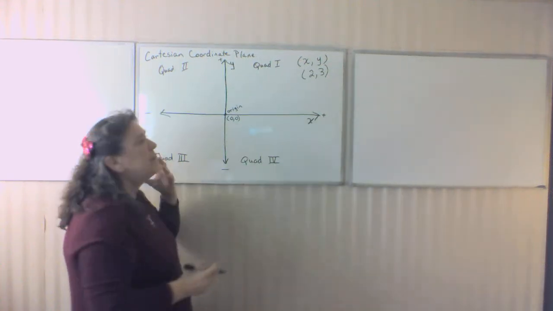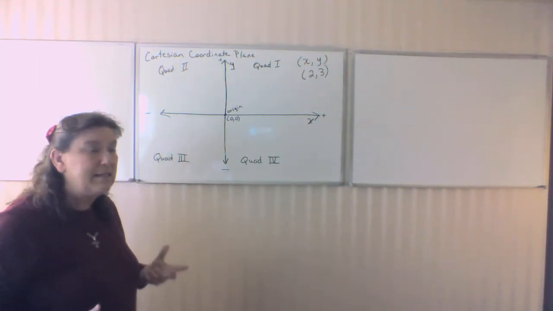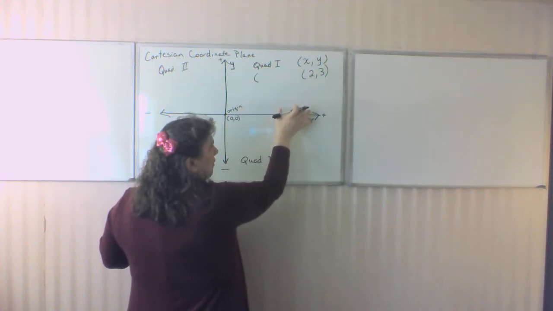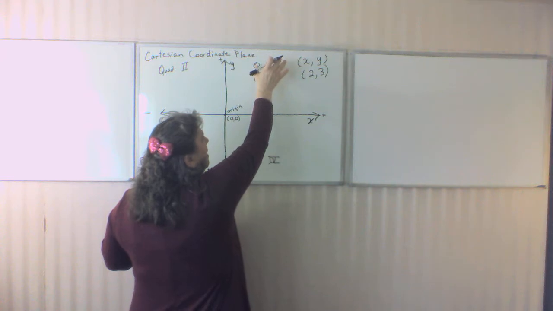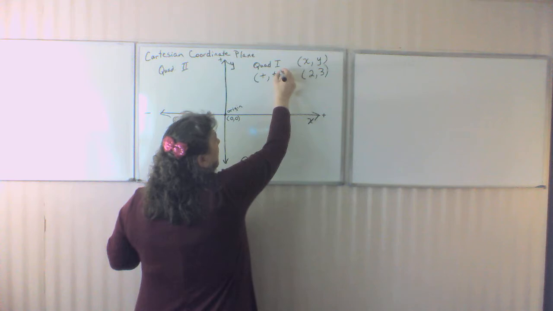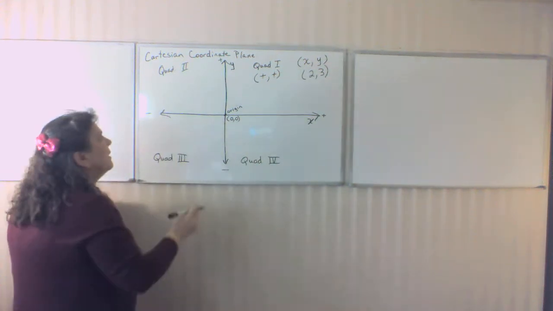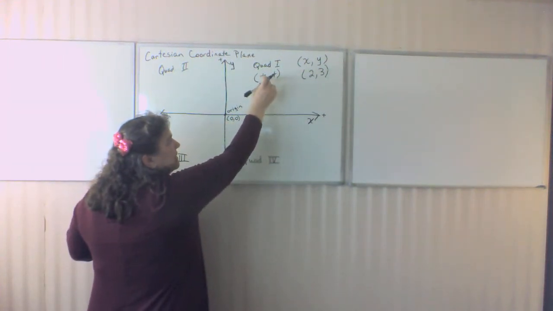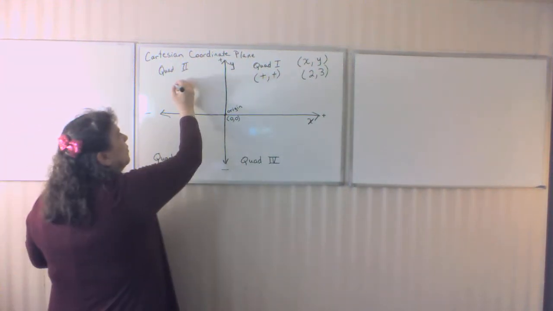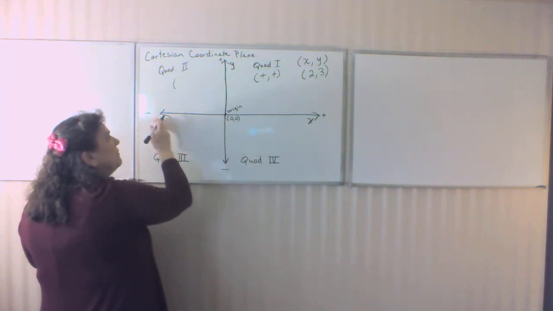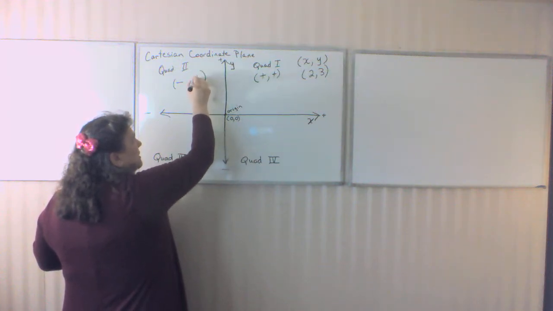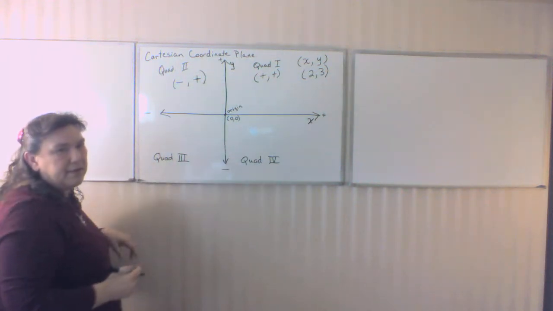And so every one of these quadrants carries signs in their ordered pair. In the first quadrant, because you're to the right of the origin and you're above the origin, both the x and the y will be positive. So if you put a point in here that has a negative for one of those numbers, you know you have made a mistake. In quadrant 2, since you're left of the origin, the x value is negative and the y value is positive because you're above the x-axis.